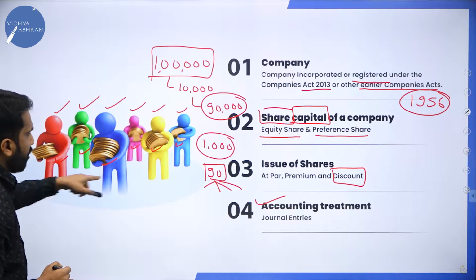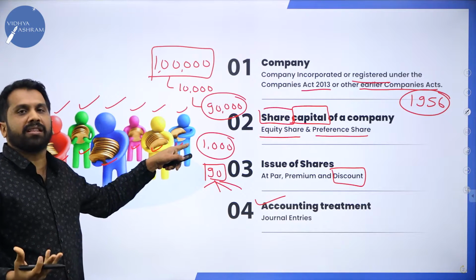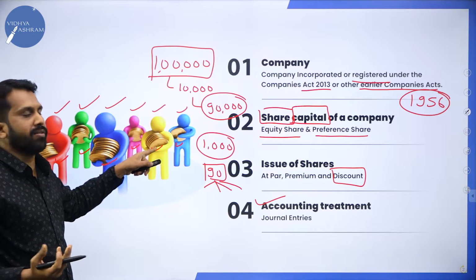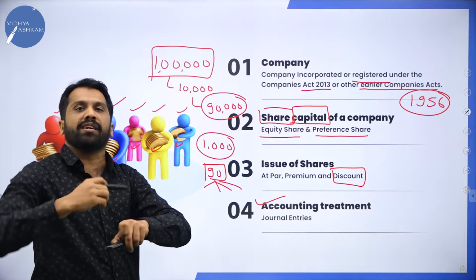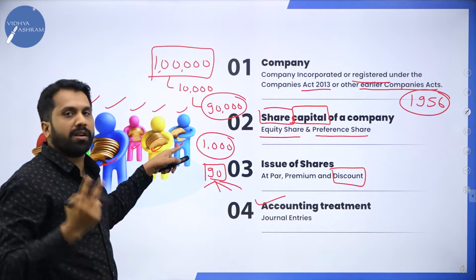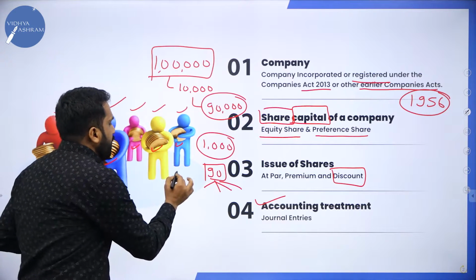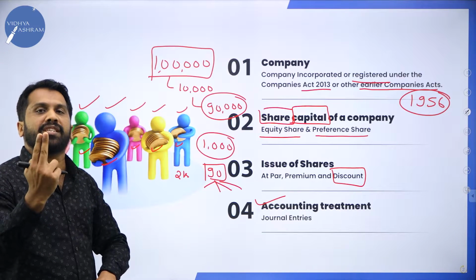So these are called shares. Share means from this person 1000, this person 1000, this person 1000. Everybody contributed 1000 each. For example, if he wants 2 shares, he can pay 2000. So he will be a shareholder for 2 shares.